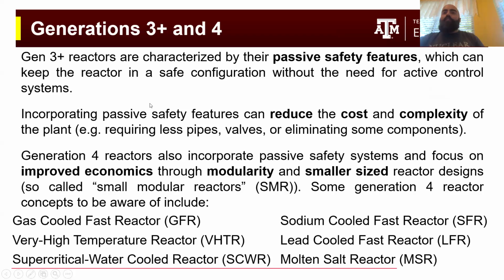Another big thing that reactors are trying to do in terms of passive safety is to make use of natural convection, such that they take advantage of the natural buoyancy of the coolant and the fact that as a coolant heats up, its density decreases, and that causes it to rise. And then as that coolant cools, its density increases, which causes it to fall.